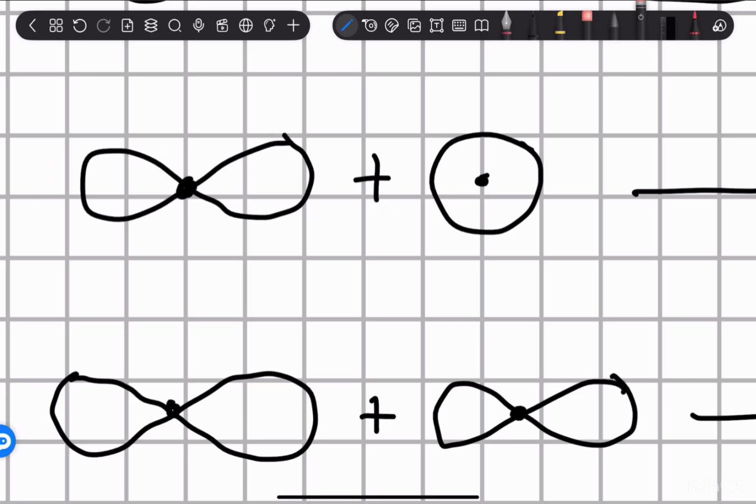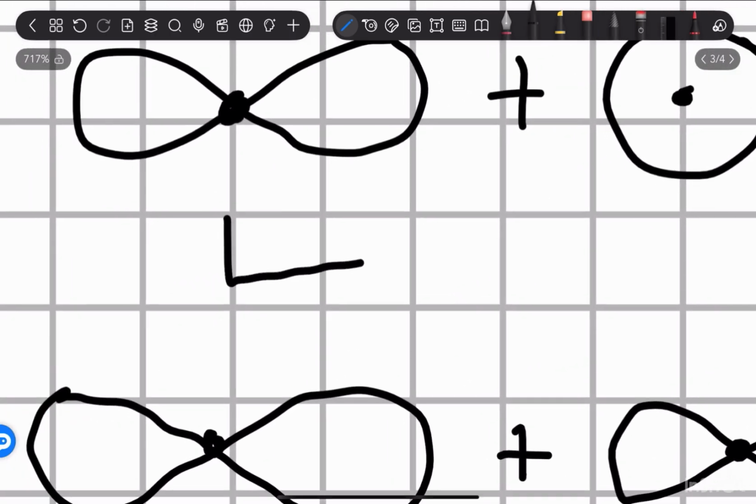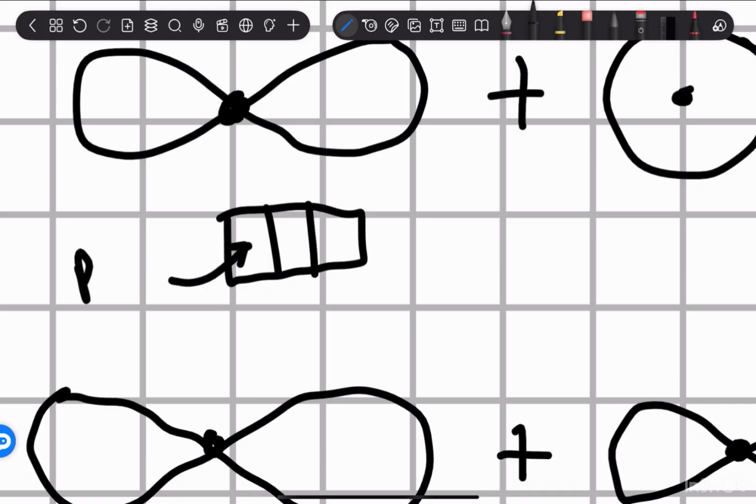Now, like you see, the p subshell often has three boxes. When you're doing the box configuration, it has three boxes. Each of these boxes represents a p orbital.